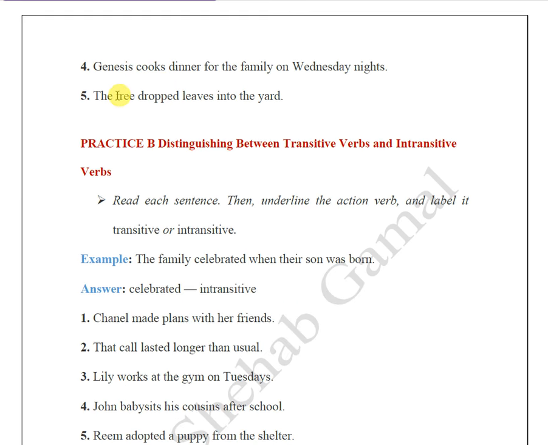Example 4 says, Genesis cooks dinner for her family on Wednesday nights. Cooks what? Dinner is the direct object of the verb cooks. And the last example says, the tree dropped leaves into the yard. The verb dropped has a direct object, leaves, so it's a transitive verb.